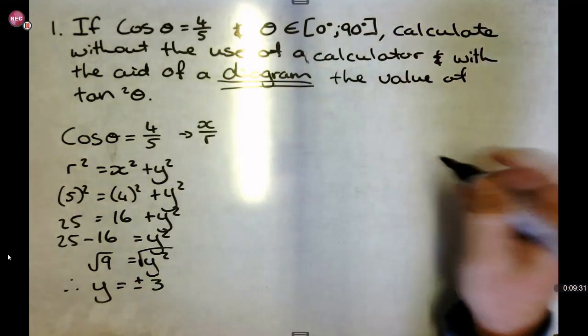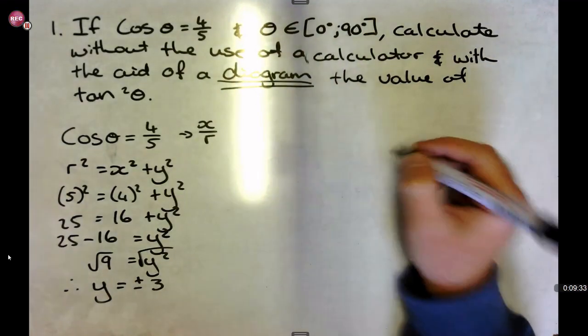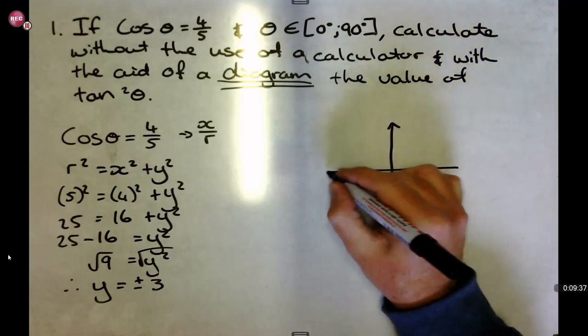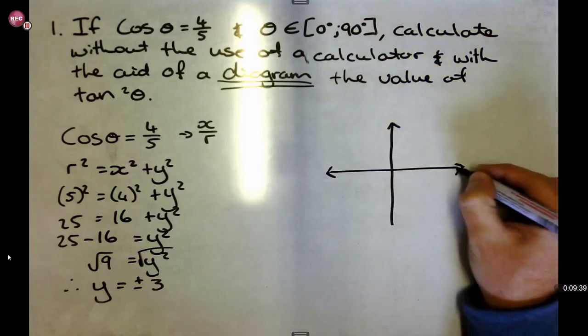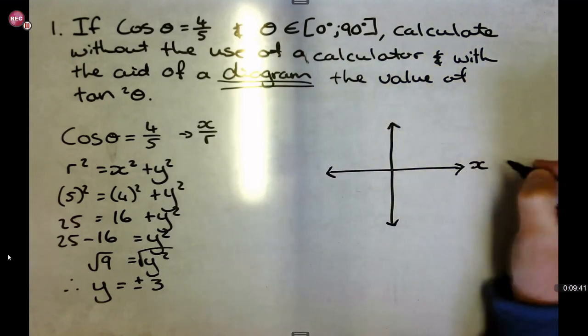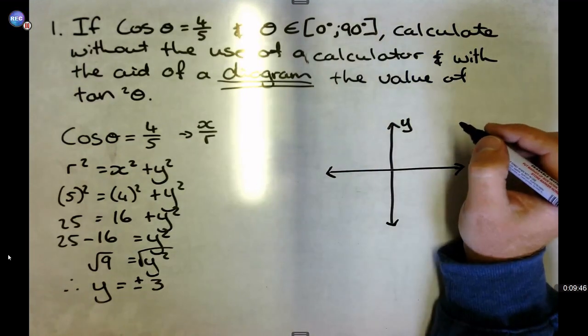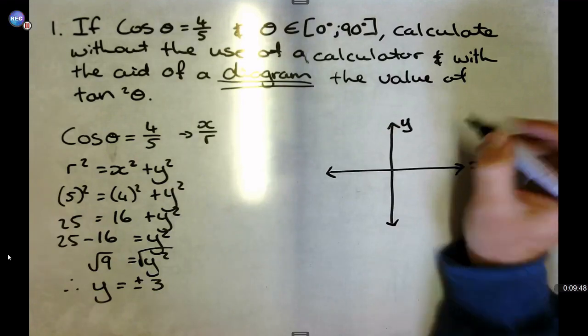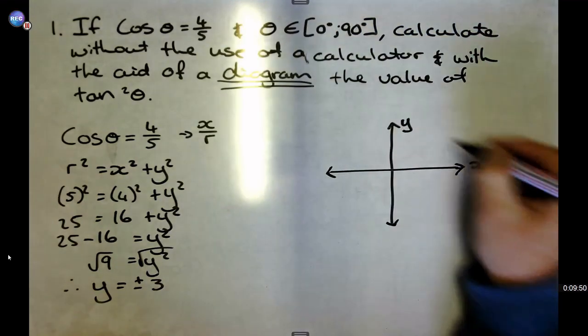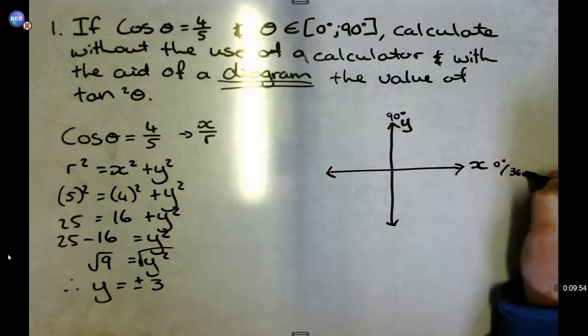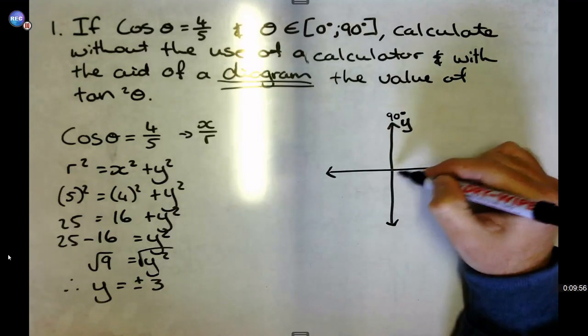Okay. So what you then do is you draw your little Cartesian plane. It doesn't have to be fancy. Indicate that this is x and this is y. And you now know that because you're in the range of 0 to 90 degrees, your triangle has to be in this quadrant.